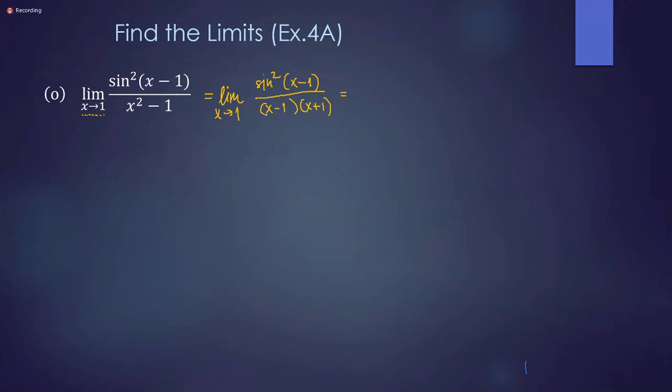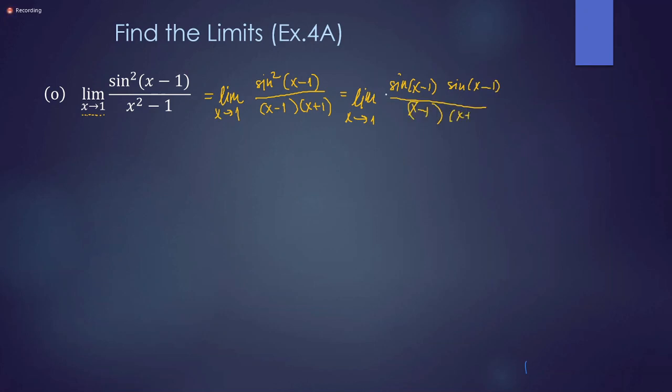Sorry, miss, sure. So now, we could expand the sine square. We could expand sine square into sine times, again, the same sine. It's a square, after all, of the sine, divided by x minus 1, x plus 1. Now we see x minus 1 tends to 0 because x tends to 1.